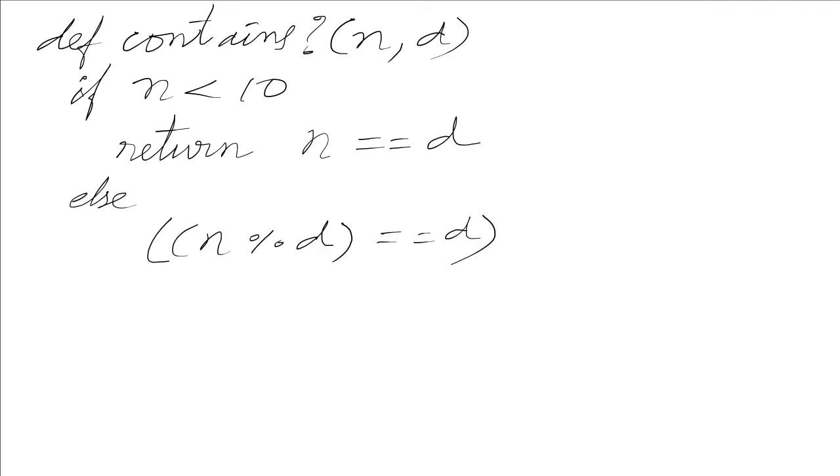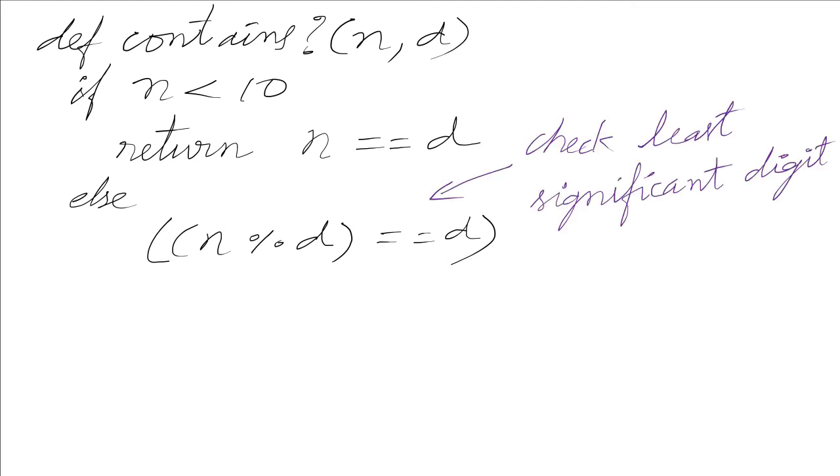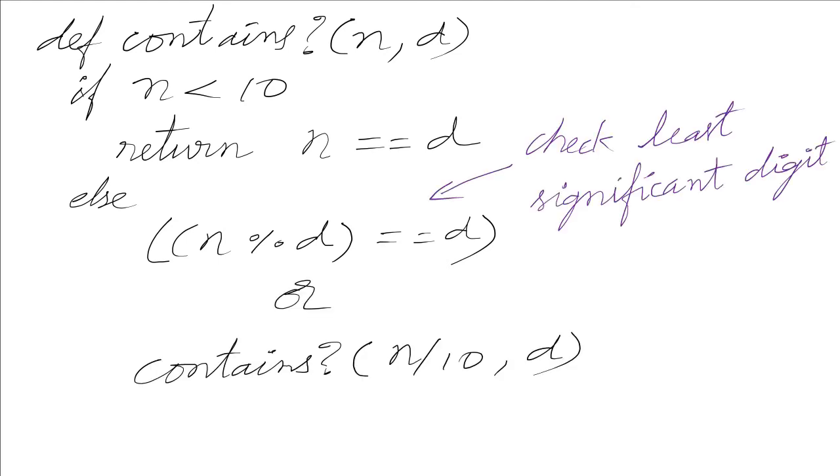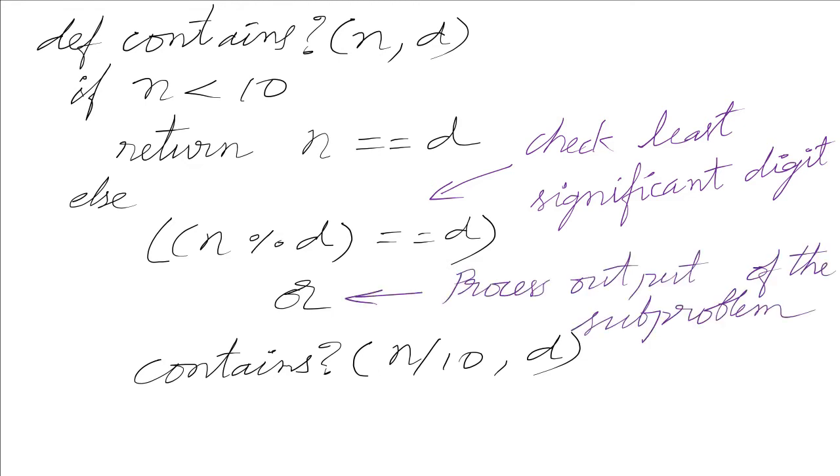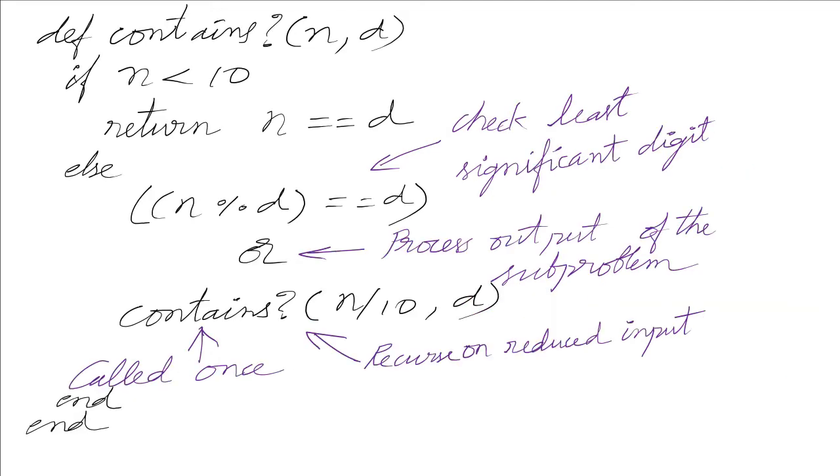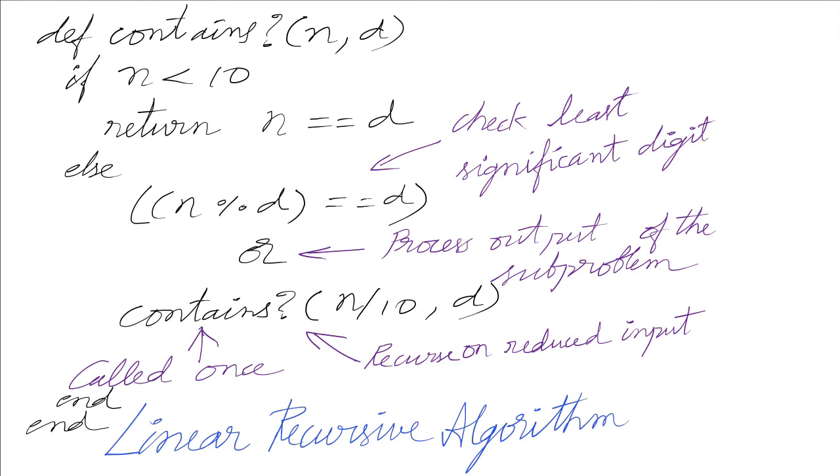In the recursive case, we check if the least significant digit in n is d or not, and OR that with the result of the recursive call. The value of n is reduced by chopping off the least significant digit in n by integer division by 10. There is one recursive call. This is a linear recursive Boolean function.